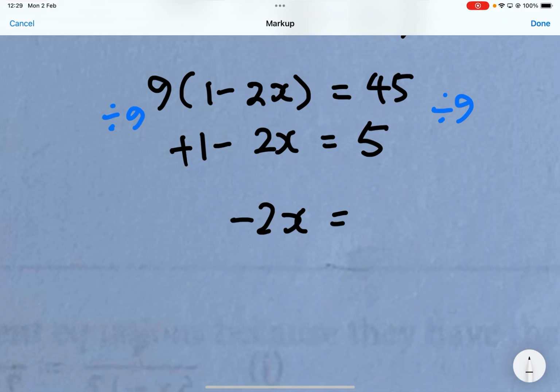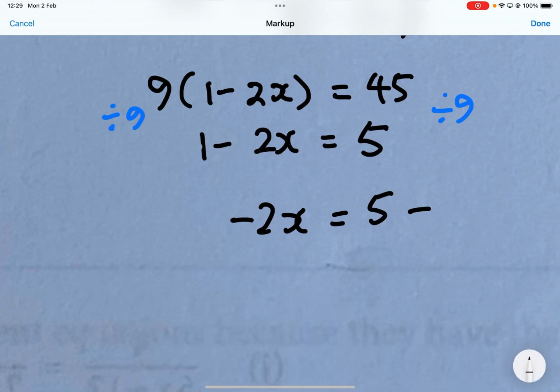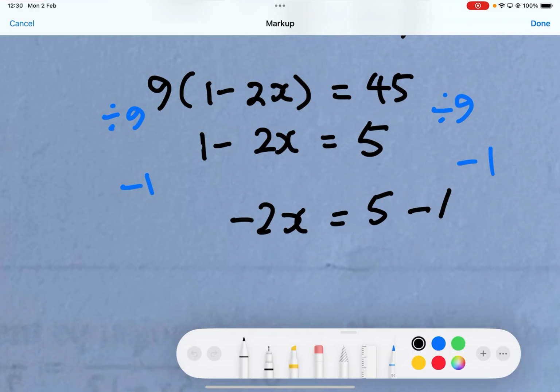So when I make it go to the right, I need to minus 1. Minus 1 to cancel the plus 1. Usually we don't write the plus, but it is a plus. So I will have 5 minus 1. What I do is actually I minus 1 on both sides. That's why the 1 disappears. That's why the minus 1 is here. Then I continue to simplify.